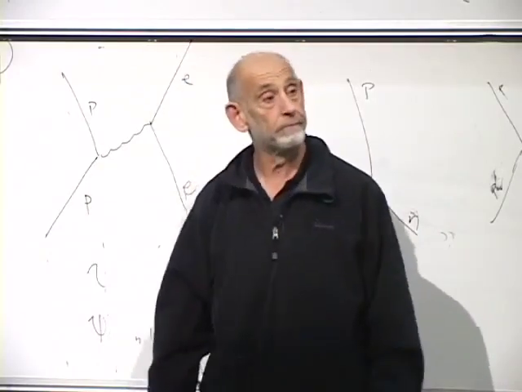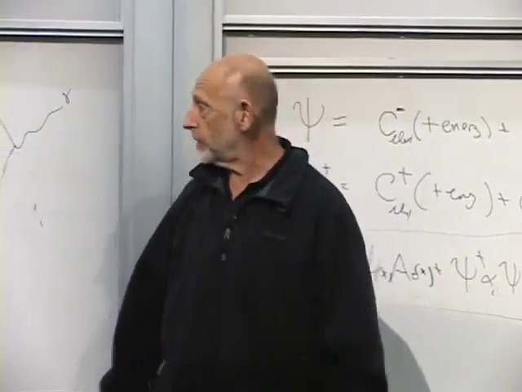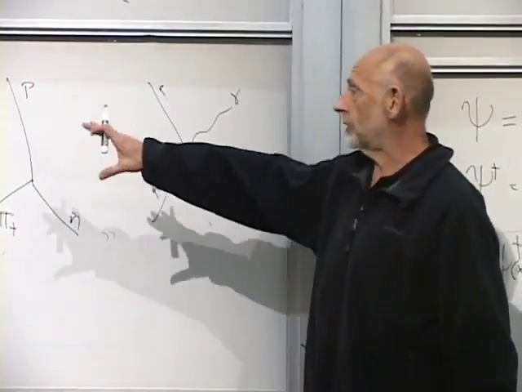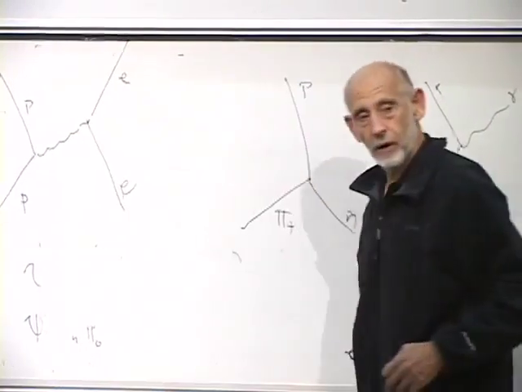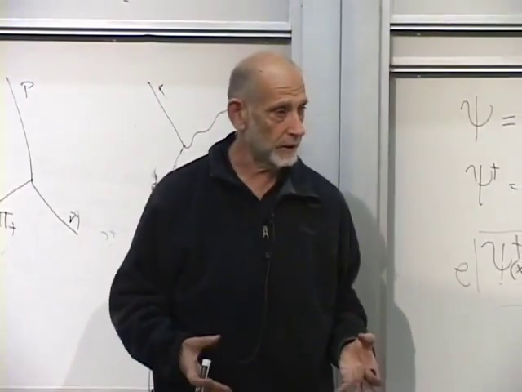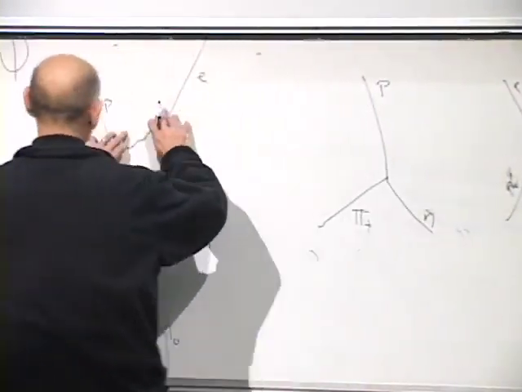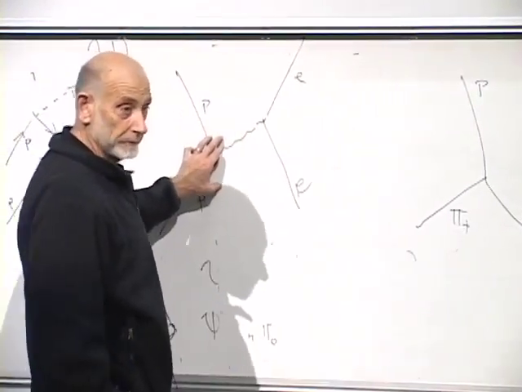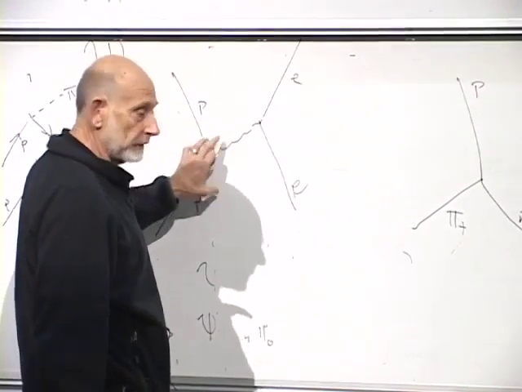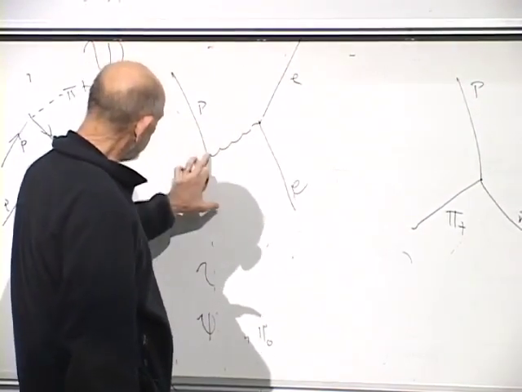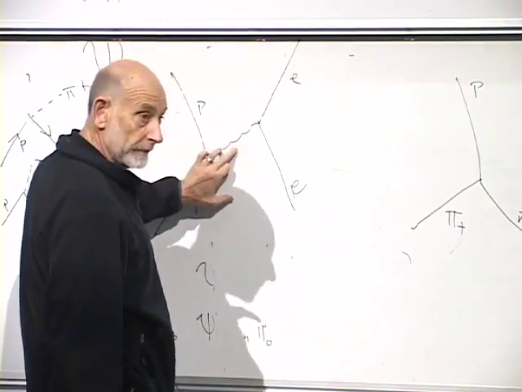The Lagrangian has two different space-time points. How would you write the Lagrangian for that? No, this process is not described by the Lagrangian. It's the point units that you start with that are described by the Lagrangian. This corresponds to the product of the Lagrangian at two different points. So the Lagrangian is some basic unit of interaction which tells you that a proton is absorbed and emitted at a point, and the photon.